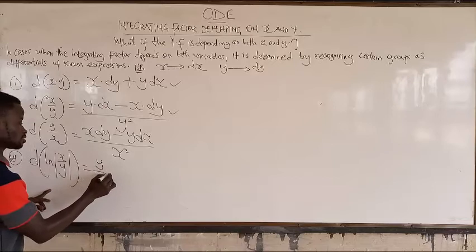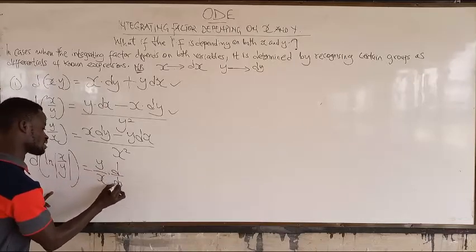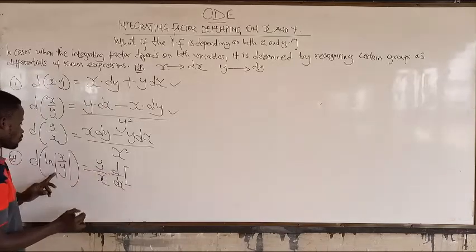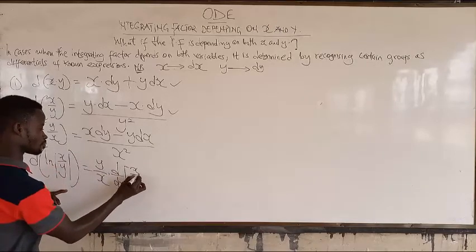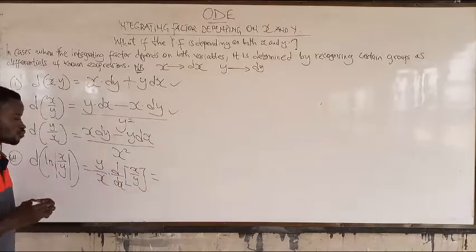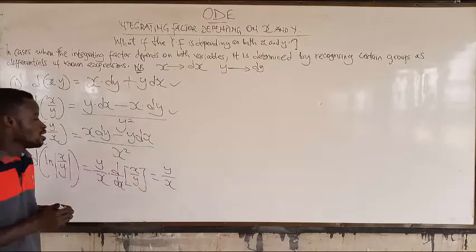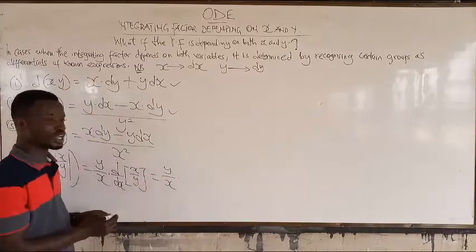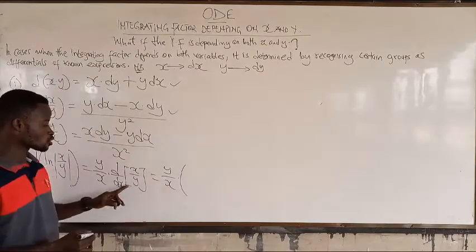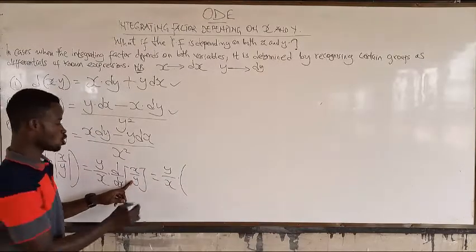Times the derivative of the inside. Beautiful, let's move on. y over x. Now, the derivative of the inside is going to give you a quotient rule.